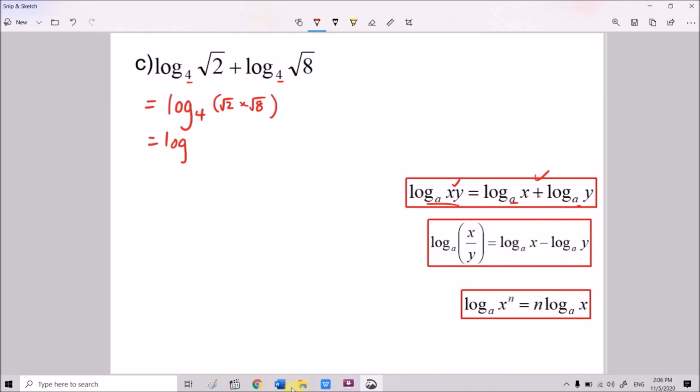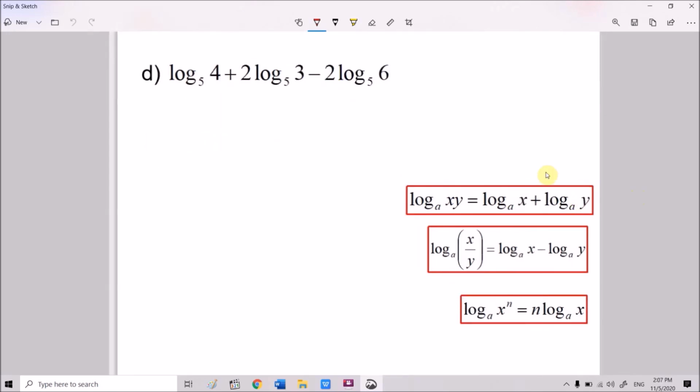So when you have 2 times 8, which is 16. So the square root of 16 equals 4, and log base 4 of 4 equals 1.